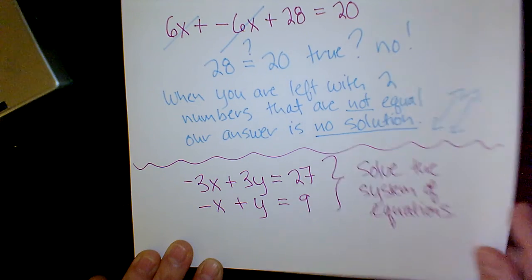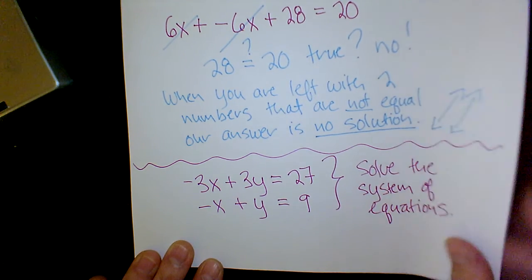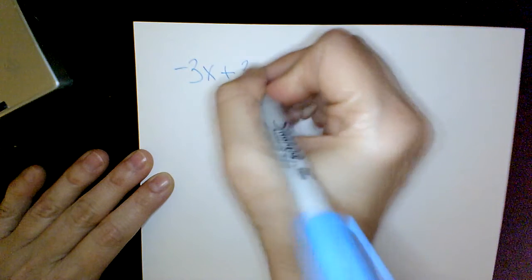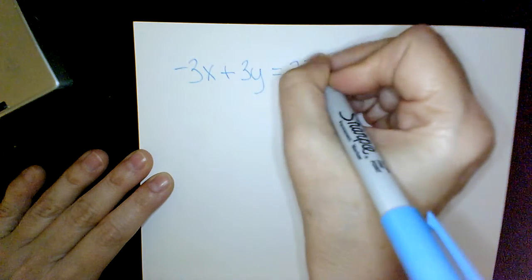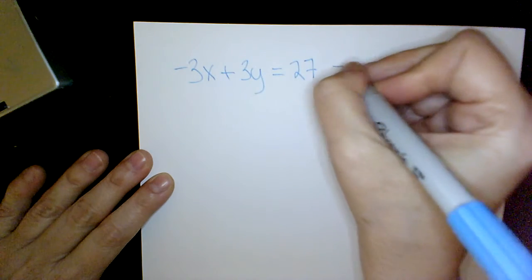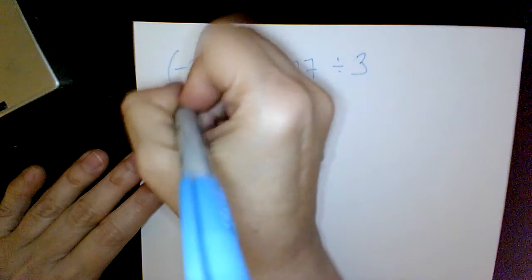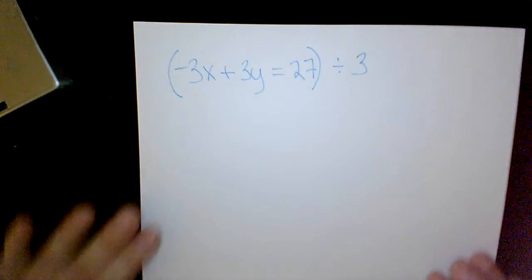So I'm going to take that top one. Let me rewrite these. I'm going to take that top one and I'm going to divide the whole thing by 3.